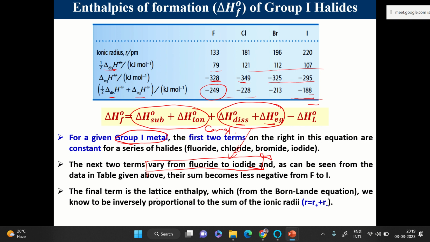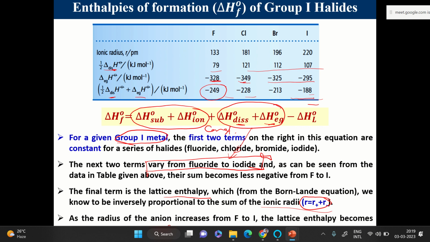If you look at the lattice enthalpy, if the radius of the cation or anion increases, any one of them, the lattice energy will decrease. It is proportional to the sum of r plus and r minus, the radius of the cation and the radius of the anion.